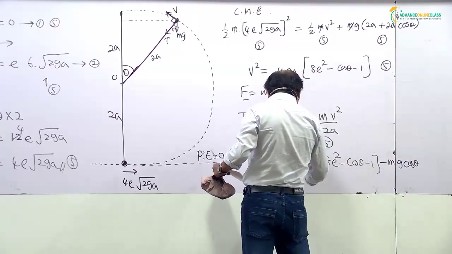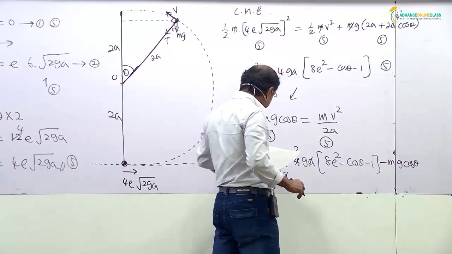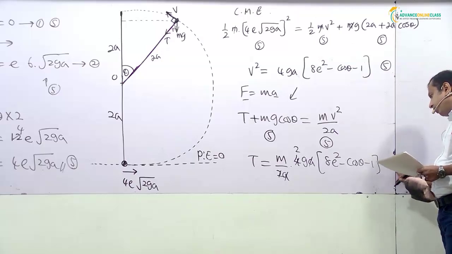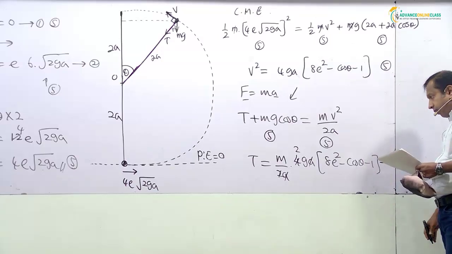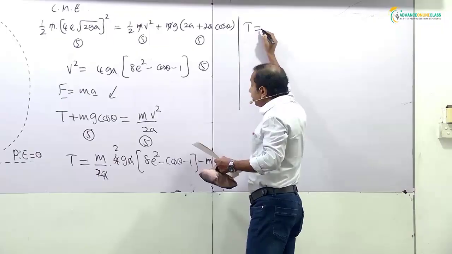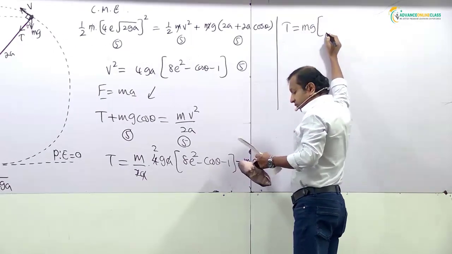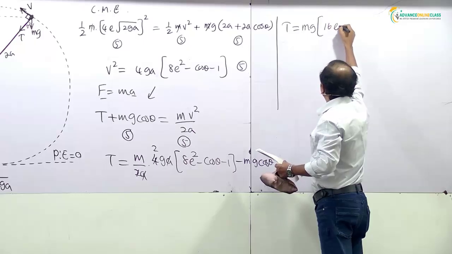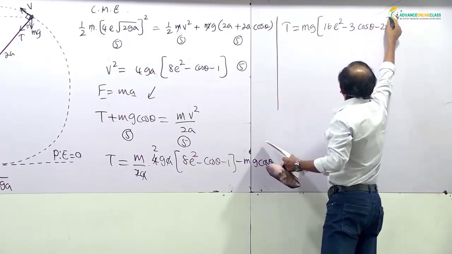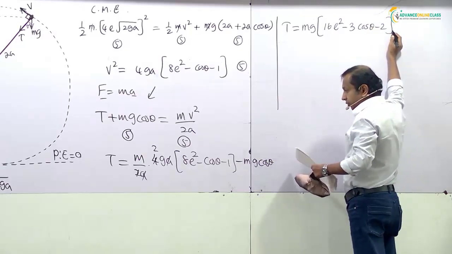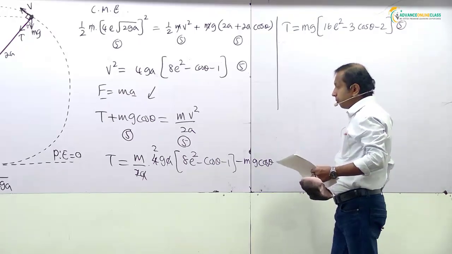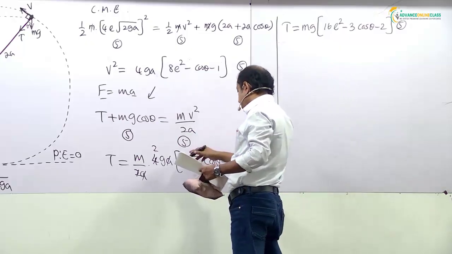Here these terms you can cancel down. Simplify this, mg you can take out. Then T we get mg times (16e squared minus 3 cos theta minus 2). We get 5 marks for this, and 5 marks for substituting for this V squared.